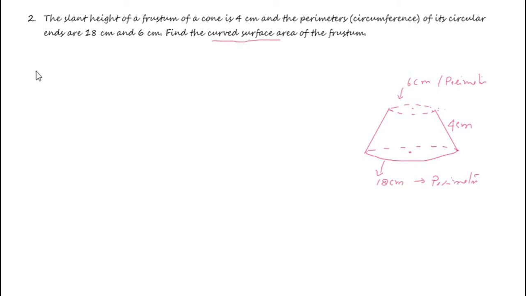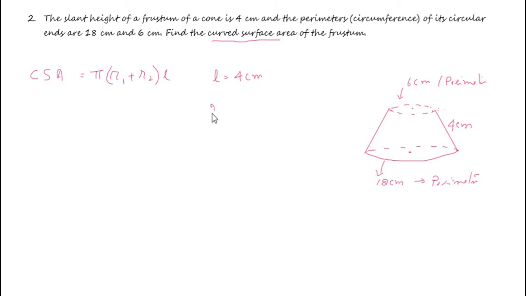So curved surface area CSA equals pi into (R1 plus R2) into L. L is given, L is 4 cm. R1 and R2 are not given, but the circumferences of both the circular surfaces are given.